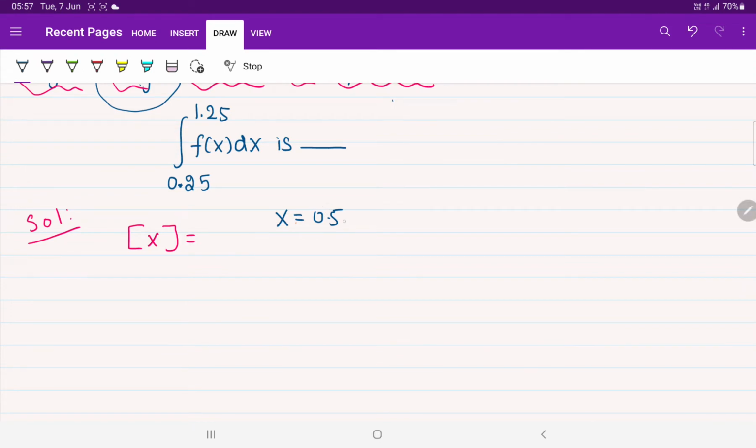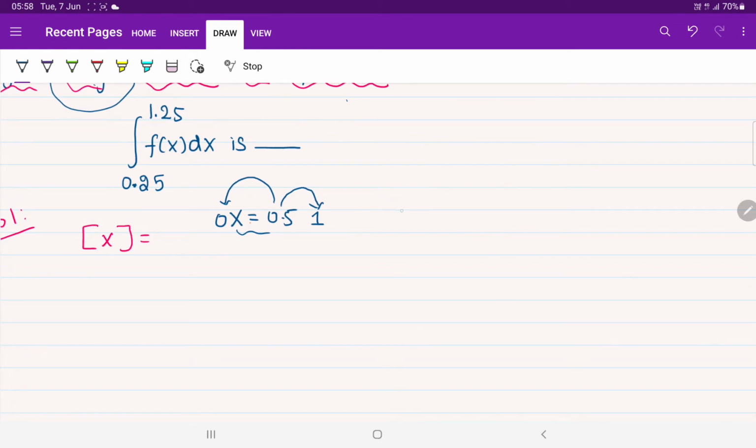From 0.5, select the two neighborhood integer values. The right hand side neighborhood value is 1, the left hand side neighborhood value is 0. It means x lies between 0 and 1. Yes or no? Some fractional value is given. Now it is your responsibility to identify the next and previous integer values. It means 0.5 lies in between two integer values. One is 0, another one is 1.